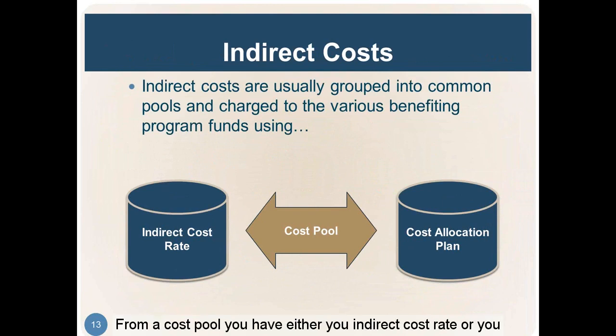From a cost pool, you have either your indirect cost rate or your cost allocation plan. As we go out in the field, we usually ask whether you have an approved indirect cost rate. If you say yes, then we ask for a copy of it, or we want to see a copy of your cost allocation plan to see how your indirect costs are distributed amongst your agency.